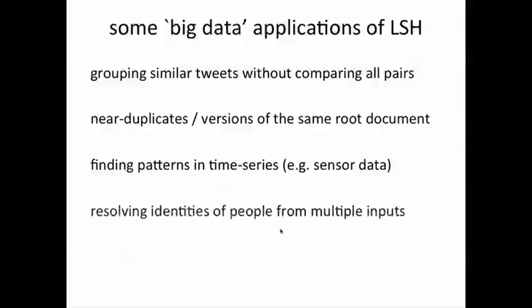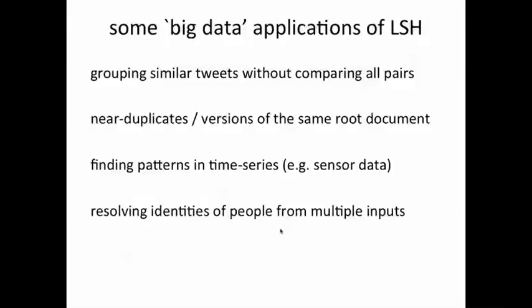Another example, which is also discussed in the Anand Rajaraman book, is resolving identities of people from different databases or multiple inputs. An example of such a problem is described in the book, resolving databases from different systems.